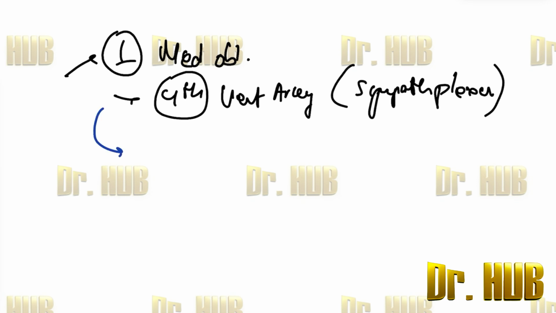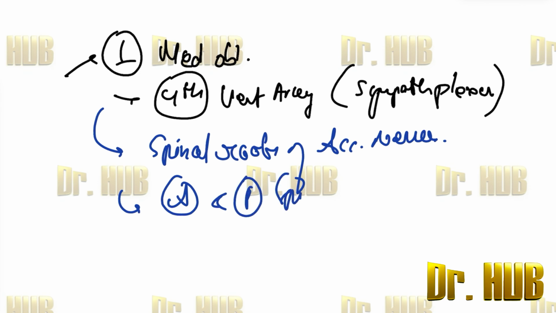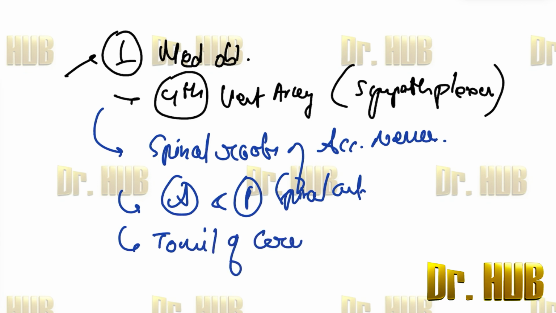Next there are also the spinal roots of the accessory nerves, and the anterior and posterior spinal arteries. Next is also the tonsil of the cerebellum.